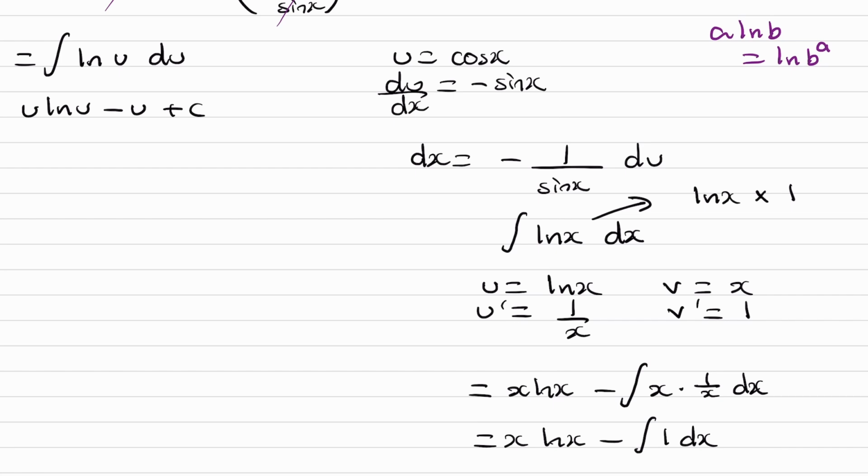And then we just replace the u with cos x. cos x ln cos x minus cos x plus c, which would be our final answer.